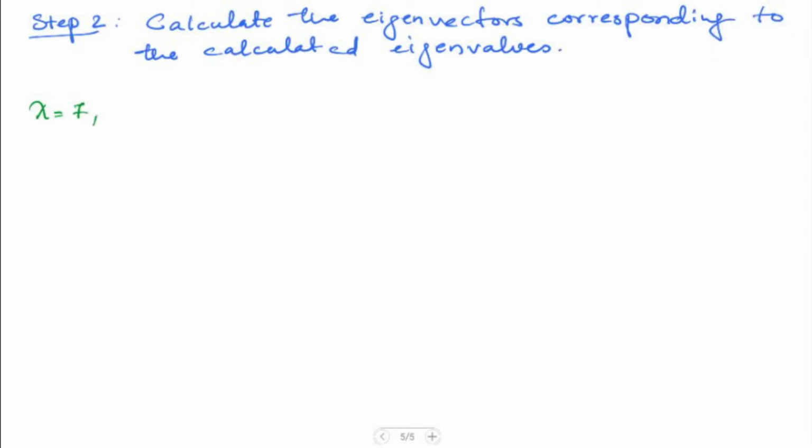In that case, we know that if we take the matrix A and multiply it with the eigenvector corresponding to 7, let's say it's (a, b), it is equal to the eigenvalue times the eigenvector (a, b).